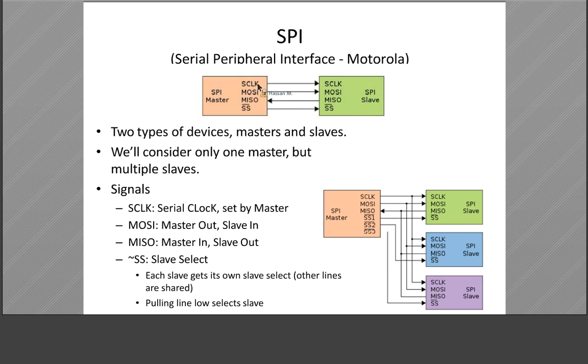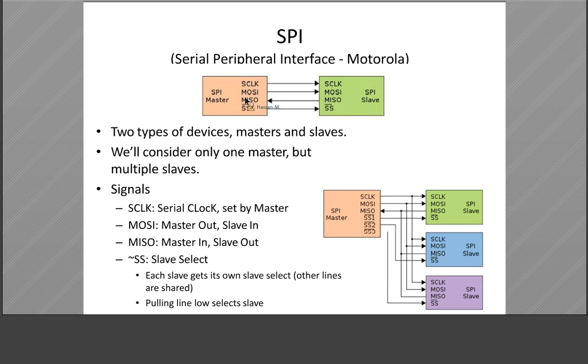Serial clock is only from master to slave, okay. Clock generation is here, not here, from master to slave. MOSI, master output, slave input, from master to slave.